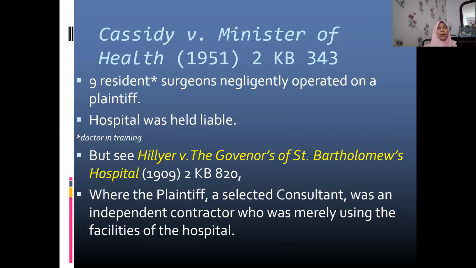He was paid maybe on whatever operation that he did. So he was found to be an independent contractor, and he was merely using the facilities of the hospital. He was not fully employed by the hospital. So we have two similar professions here, but two different findings. The first one, contract of service, the second one here, contract for service.